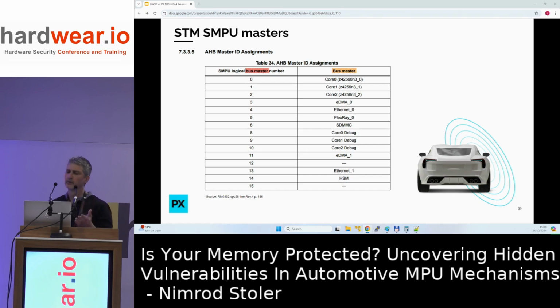Then we have a DMA controller, Ethernet, FlexRay, which is a high-end automotive network, a multimedia card, the debug ports, each of which is connected to one of the cores, and eventually closing the list is the HSM core at bus master number 14.